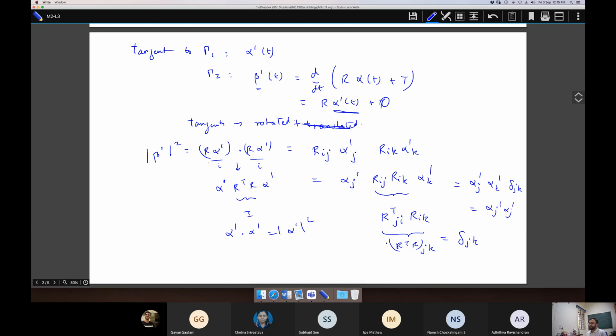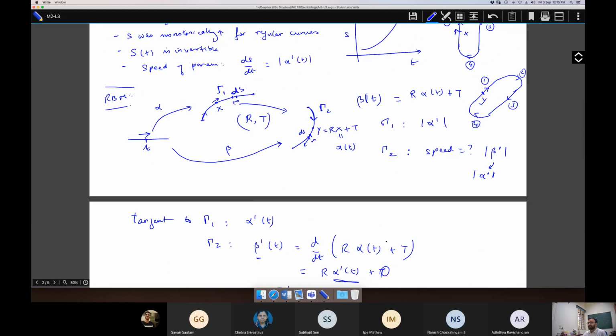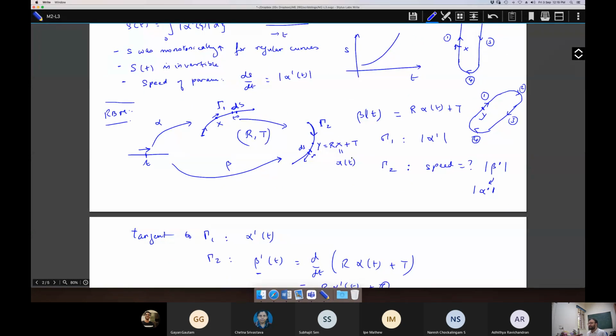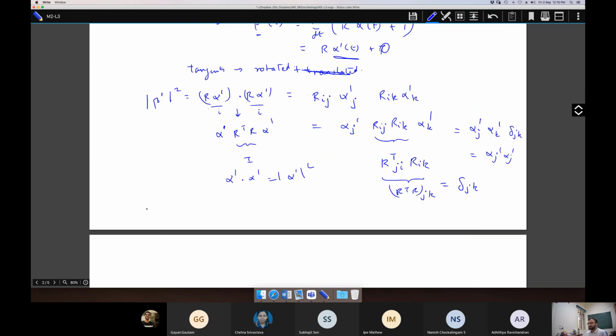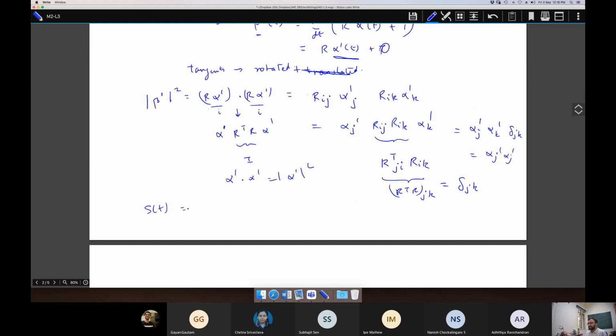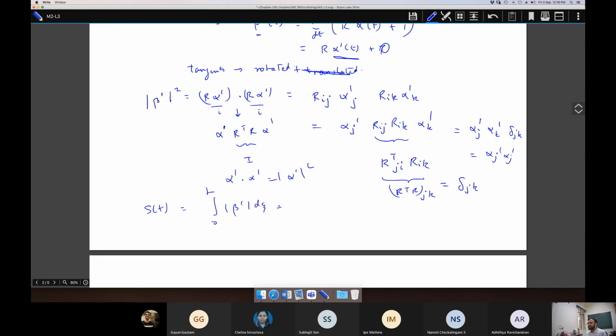So you see that the speed does not change with rigid body rotations. That automatically tells you that the arc length of gamma 2, which will just be the integral of beta prime, remains unchanged from gamma 1.